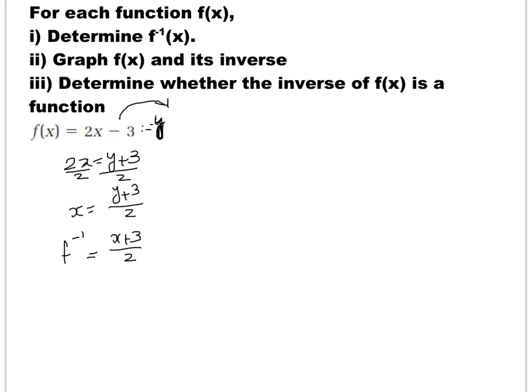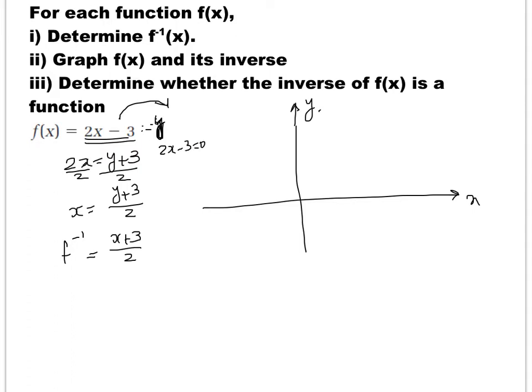Now to graph it, the function f of x is this one. First of all, it's a line, so I'm going to find the x and y intercept. X-intercept is when y is equal to 0. So when y is equal to 0, I get 2x minus 3 is equal to 0. So I get 2x is equal to 3.